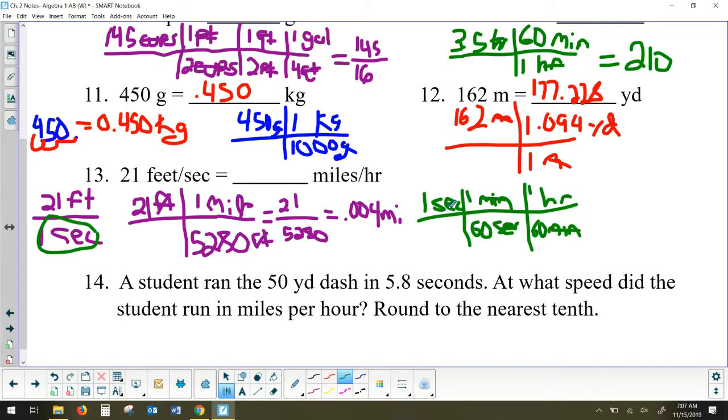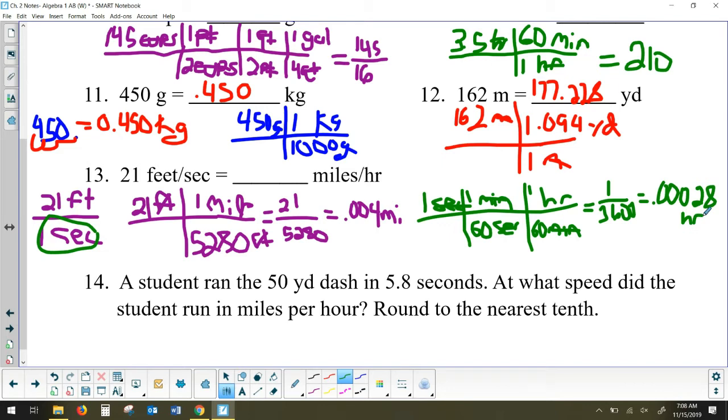Minutes cancel. Seconds cancel. Leaving us with only 1 over 60 times 60. 3,600. 1 divided by 3,600 is what? Type it in your calculator. You will see that it is 0.00028. Alright, and that's hours.